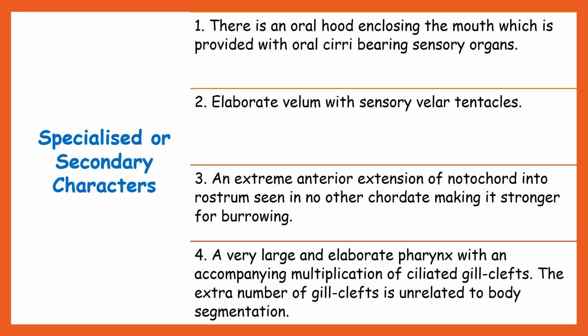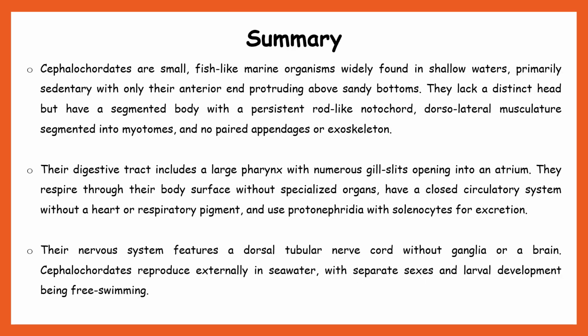A very large and elaborate pharynx with an accompanying multiplication of ciliated gill clefts. The extra number of gill clefts is unrelated to body segmentation. So these are the secondary characters of subphylum Cephalochordata.